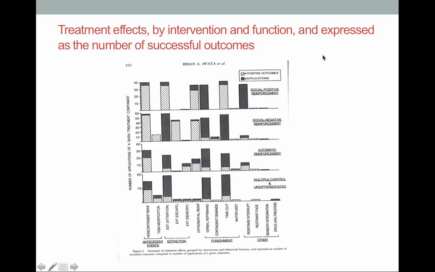Timeout, on the other hand, can be successful with a person whose target behavior is maintained by attention because, well, they want attention. If they're in timeout, by definition, they're not getting attention, so that would probably work. There's water mist. See, Andy, you're not the only one who's used water mist, and not successful. It looks like that may be one case, and it wasn't successful.